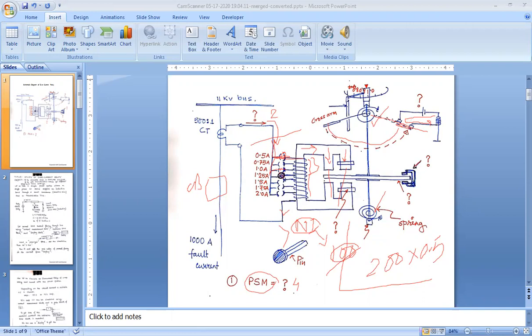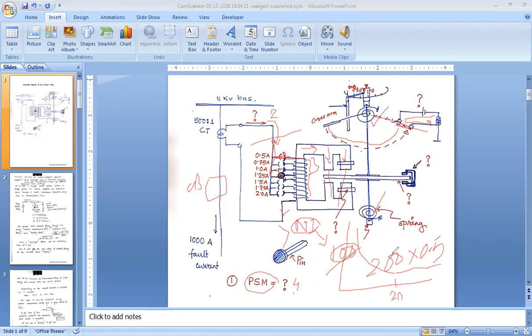But suppose if we increase the PSM, then it will be seen the curve will be like that. And when the PSM is more than 20, then it is seen that the time taken by the relay will be more or less constant.